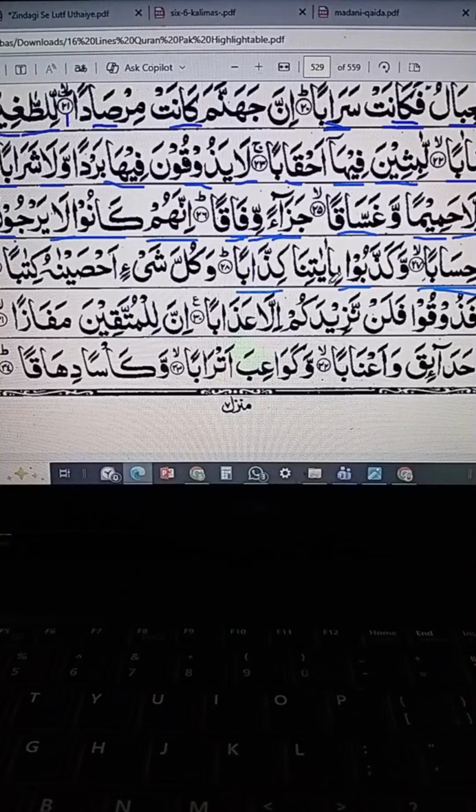We have to stretch it. Bi ayatina. And alif madda is here. The definition of alif madda: when there is a zabar before alif, it will become alif madda. Bi ayatina kizzaba. Same like that. This is alif, before alif this is zabar. So we have to stretch it.